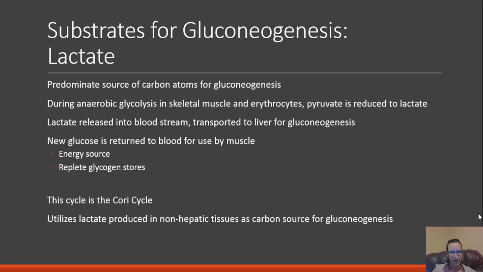like very heavy exercise. Then, once lactate is produced, it's released into the bloodstream and transported to the liver for gluconeogenesis. The glucose produced from the gluconeogenesis in the liver is then returned to the blood for use in the muscle as either an energy source or to replete glycogen stores.